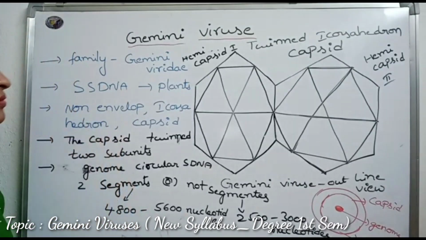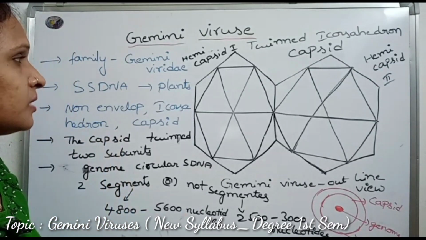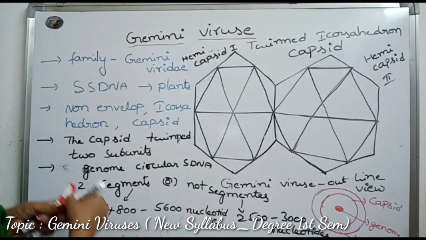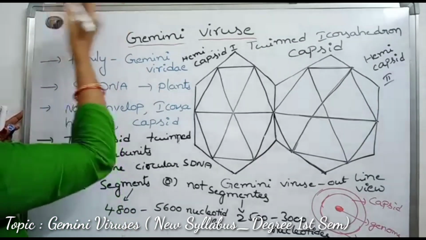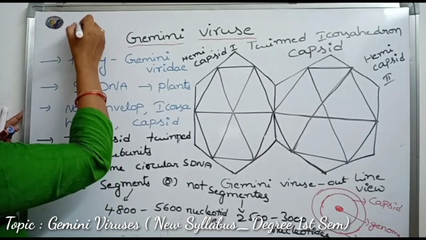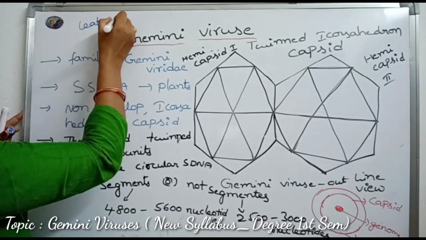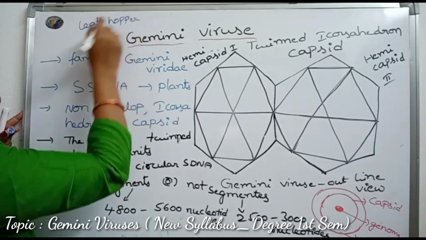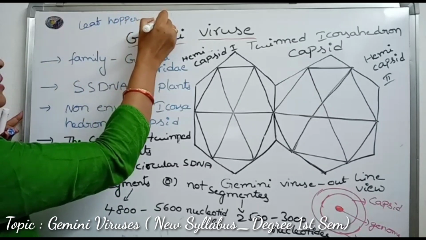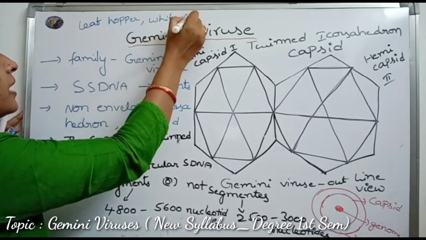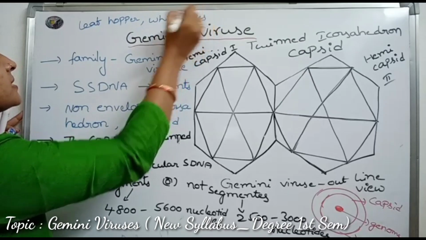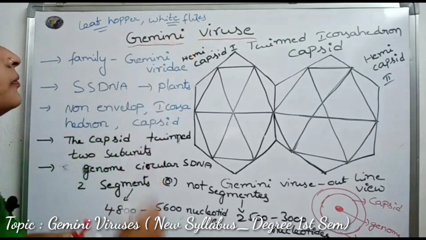These Gemini viruses are transmitted by insects like leaf hoppers and white flies. Here the vectors are the leaf hopper and white flies.